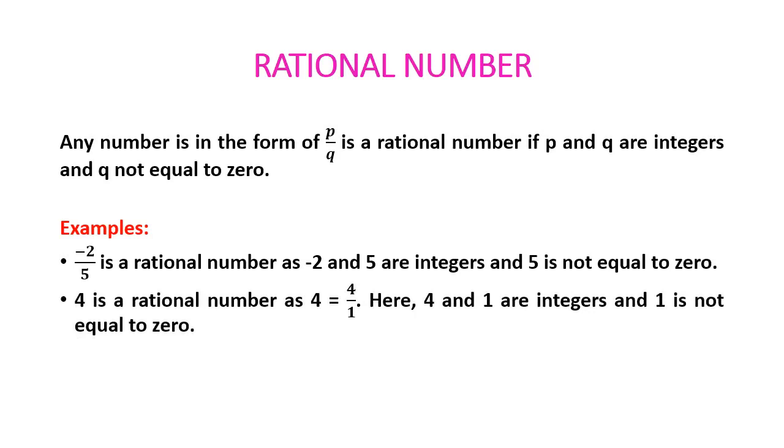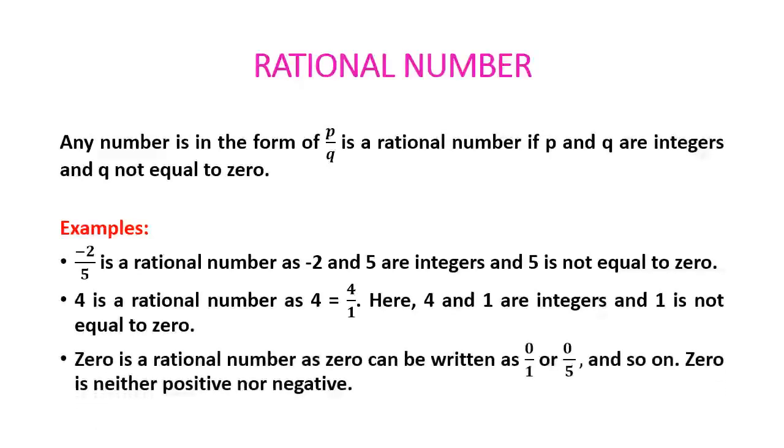Here 4 and 1 are integers and 1 is not equal to 0. 0 is a rational number, as 0 can be written as 0 by 1 or 0 by 5 and so on. 0 is neither positive nor negative.